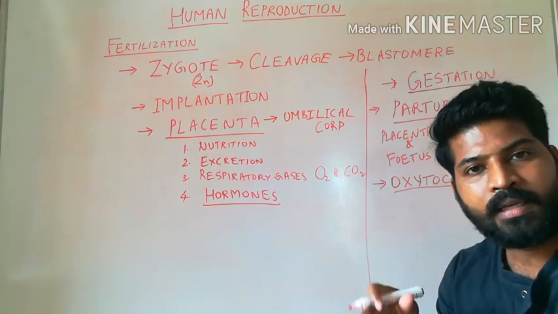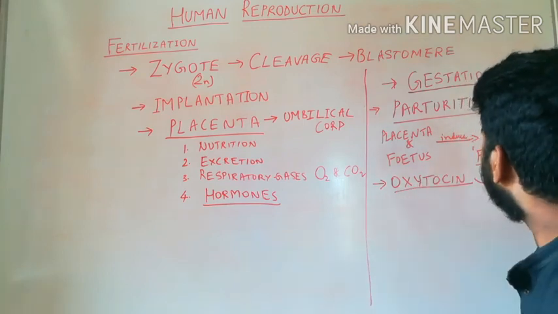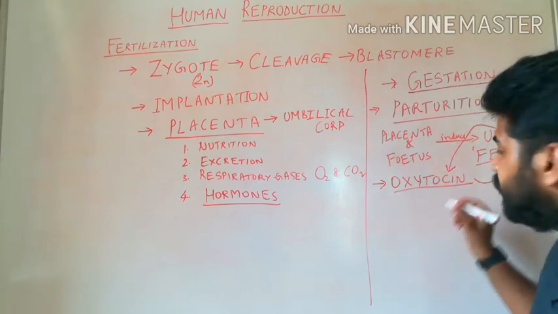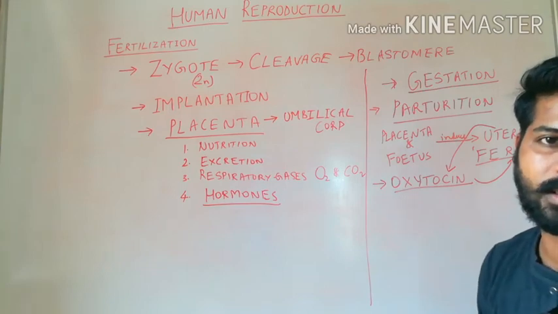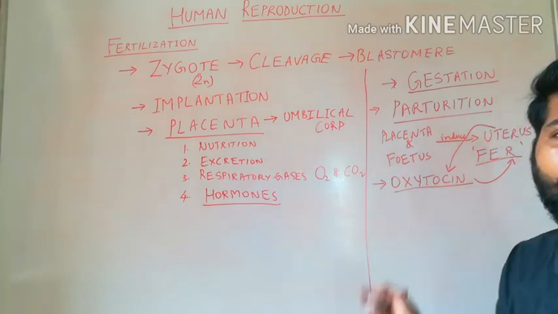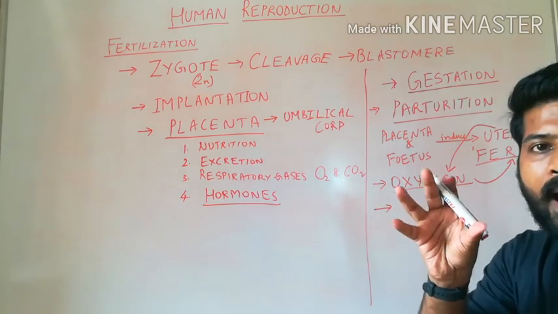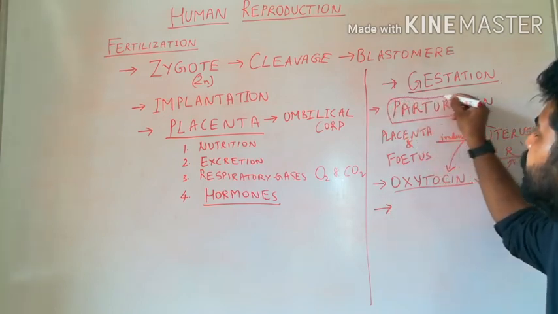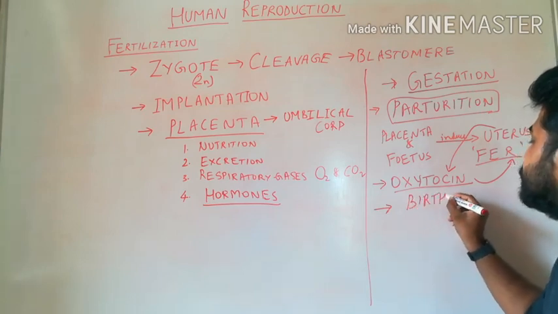The increased contractions of the uterine muscles will further produce more oxytocin, which will further increase the uterine contractions. Therefore, it is under neuroendocrine control. These stronger uterine contractions and relaxations will result in the delivery of the child through the birth canal.